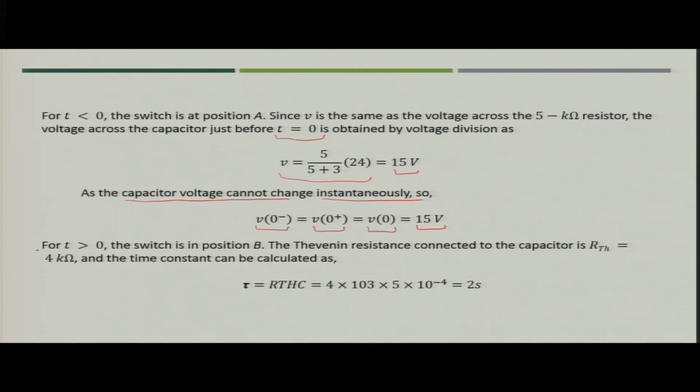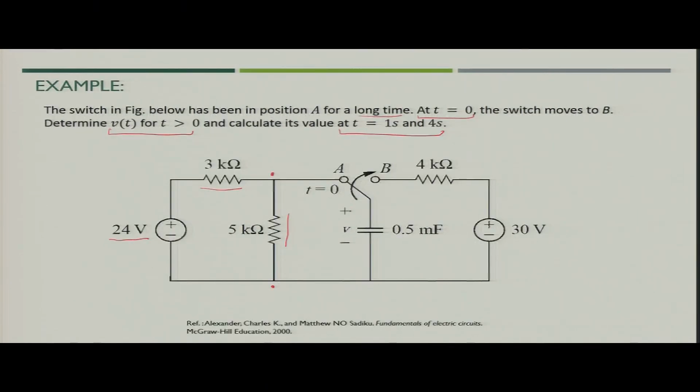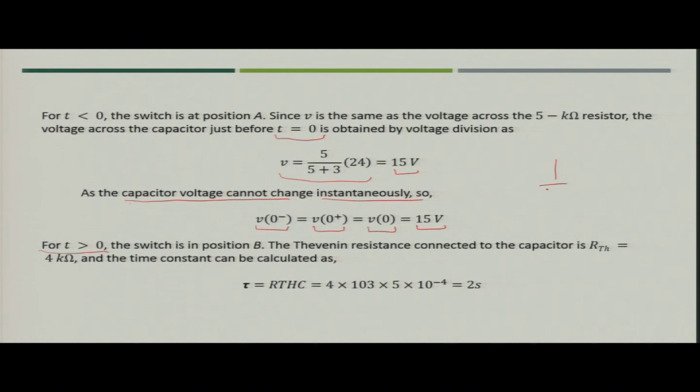Now, for time t greater than 0, the switch is closed. So, what will happen in that case? If you close the switch, the equivalent circuit will look like as shown in the figure, where you have a capacitor connected and then you have the resistance and again one voltage source.